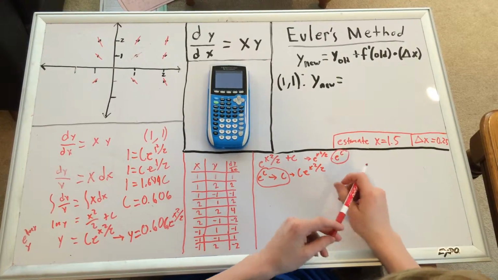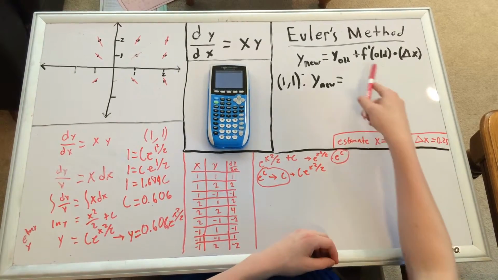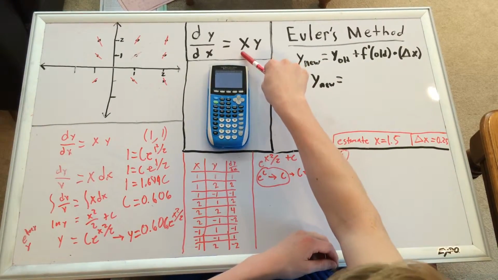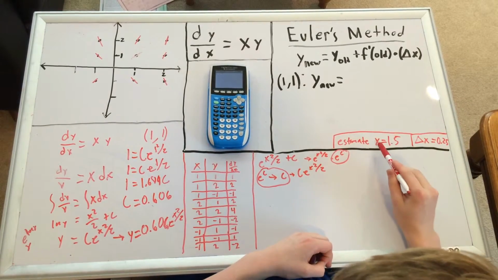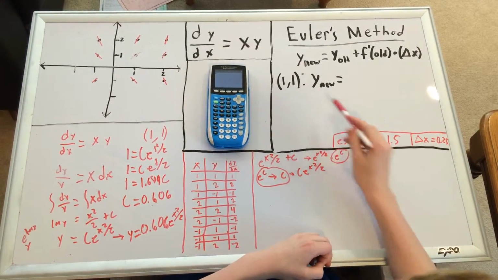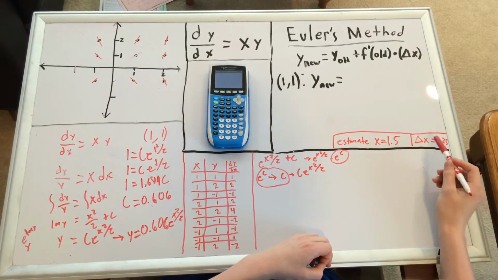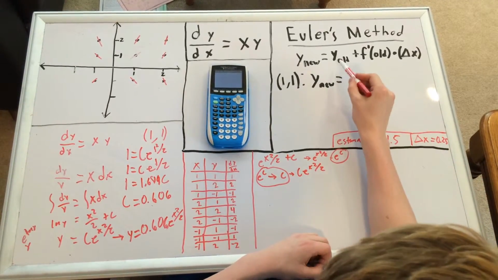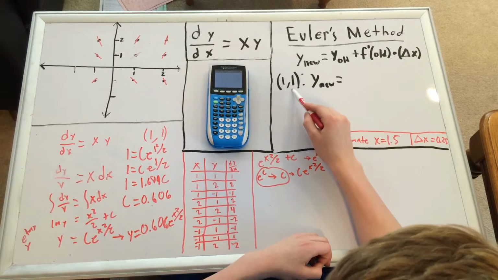Using the concept you viewed earlier, we're going to now apply Euler's method to the equation we've been using before. We're going to estimate x equals 1.5 starting at the point (1, 1) with 2 steps of 0.25. So first, we'll take the y old value, which is 1.